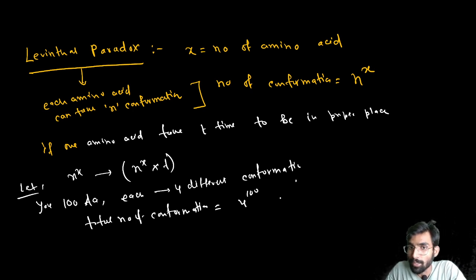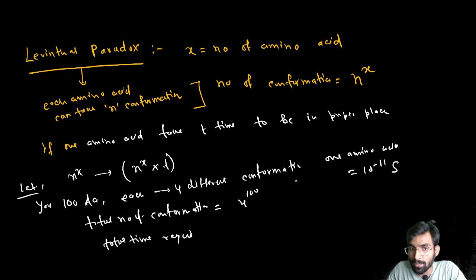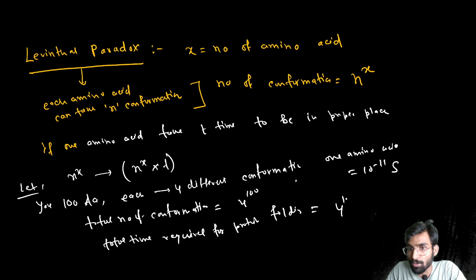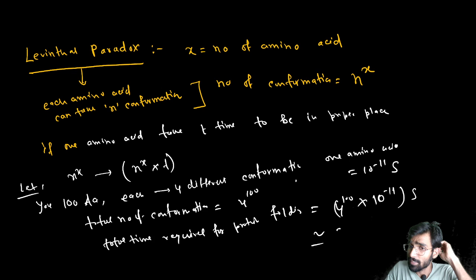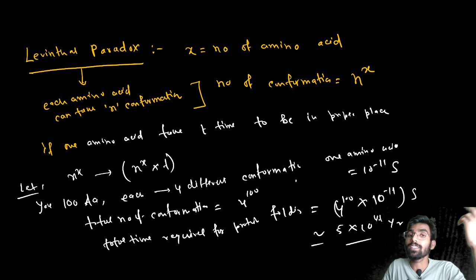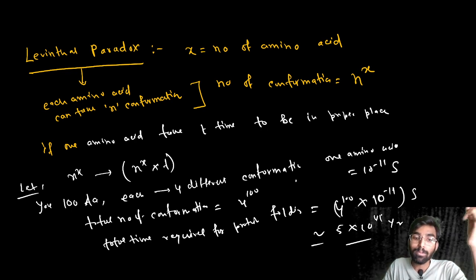Now, generally one amino acid takes 10 to the power minus 11 seconds. So the total time required for protein folding equals 4 to the power 100 into 10 to the power minus 11 seconds. That will be something in the figure of 10 to the power 41 years. That is more than the age of the earth.